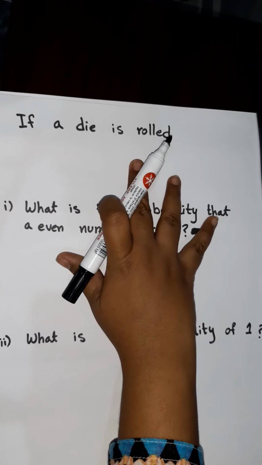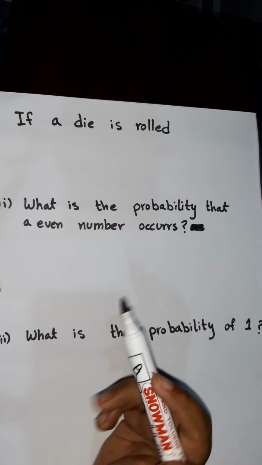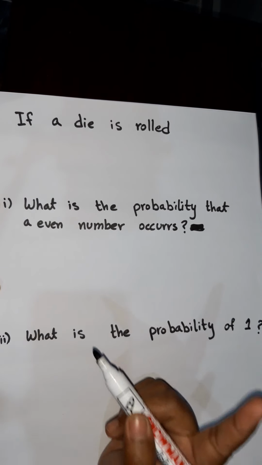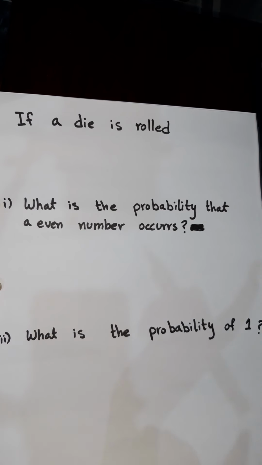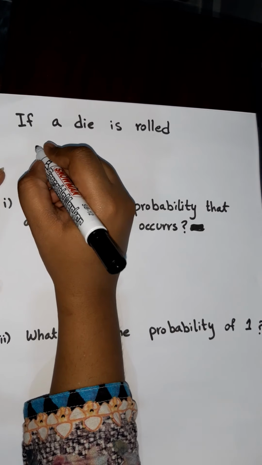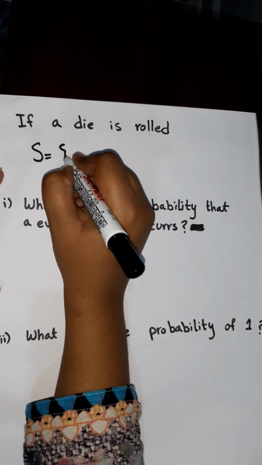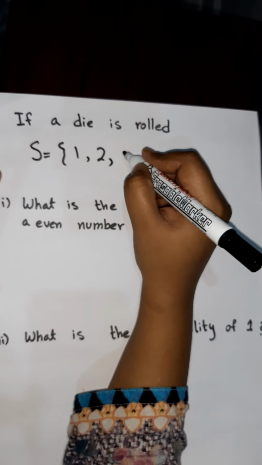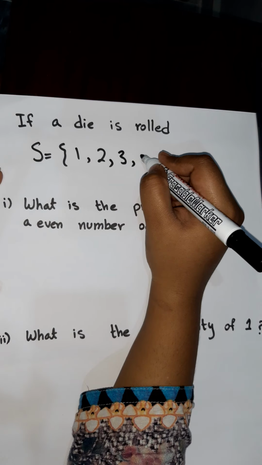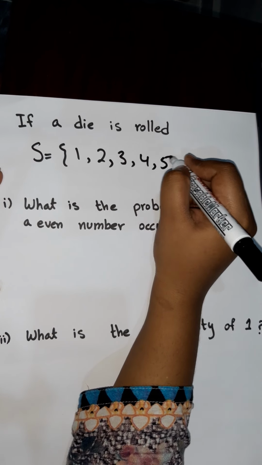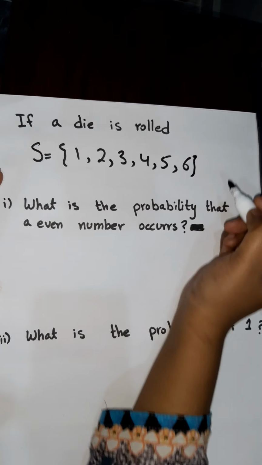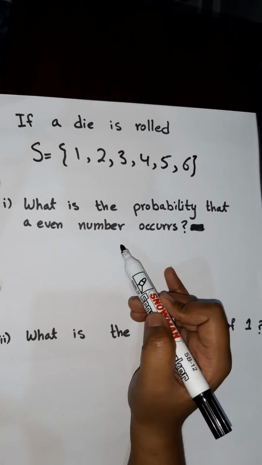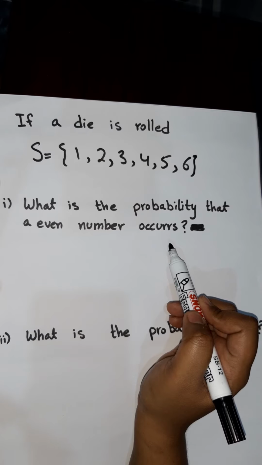Here we have an example. If a die is rolled, a die means one die is rolled. So what will be the sample space? We know the cubic die has 6 sides, so the sample space will be 1, 2, 3, 4, 5 and 6. Now what is the probability that an even number occurs?